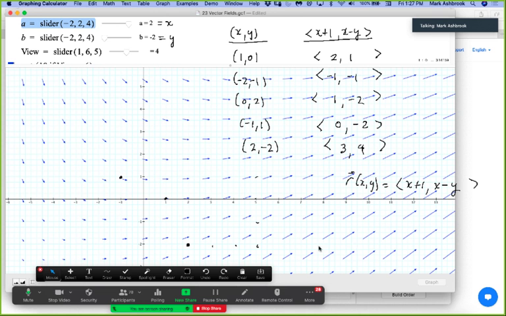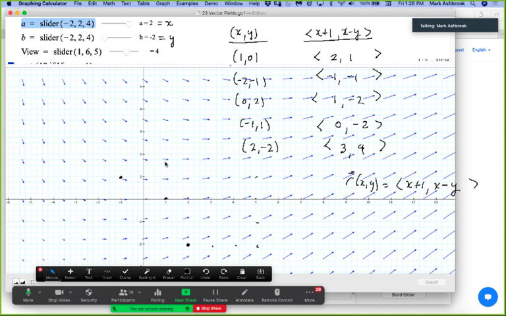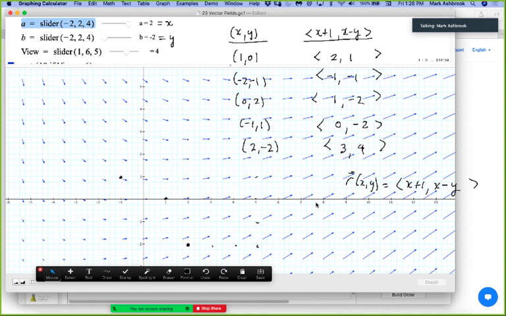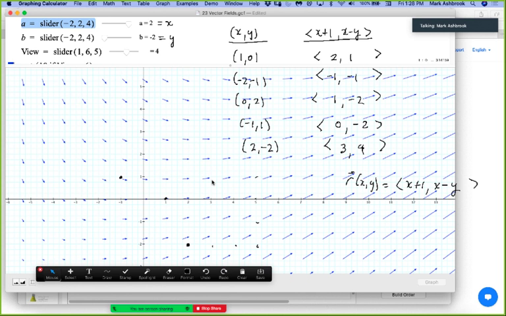And again, these vectors are not the right lengths. They're much shorter than the actual lengths, but relative to each other, they're the right size. Common examples of vector fields are wind flow or fluid flow.